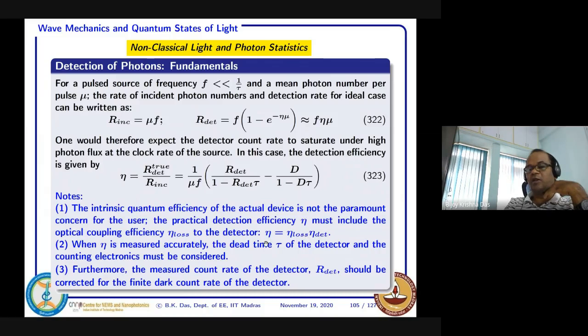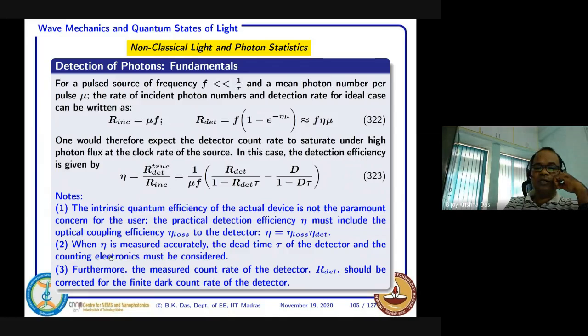So if the intrinsic quantum efficiency is 80% and the coupling efficiency is say 0.8, then 0.8 times 0.8, that means 0.32, will be your ultimate quantum efficiency, much lower. So that thing you should keep in mind.